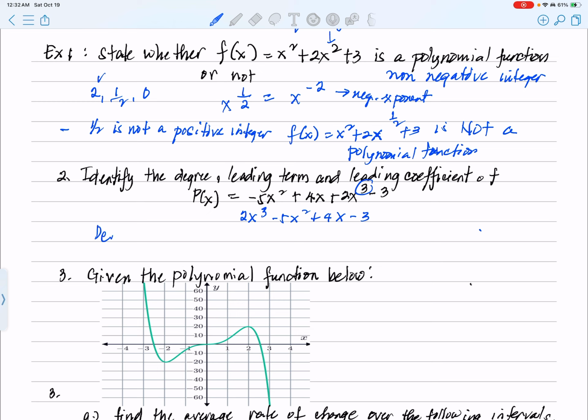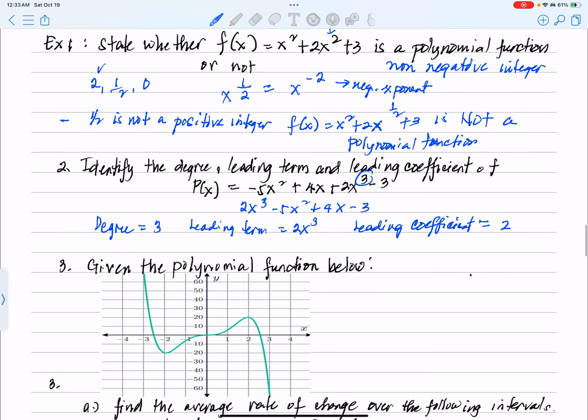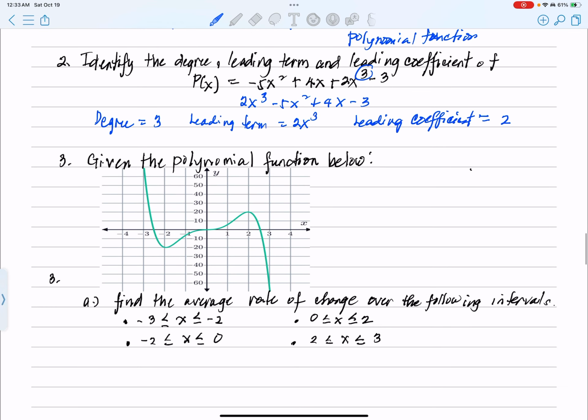So the degree would be the highest exponent, which is 3, and then the leading term is 2x cubed, and the leading coefficient is equal to 2, which is the coefficient of the leading term. And that's how we answer that question.